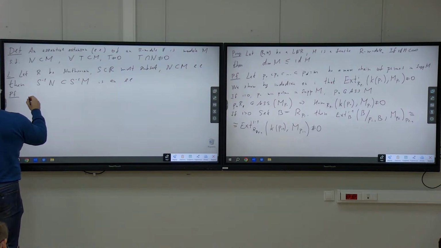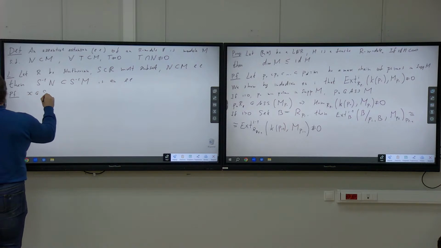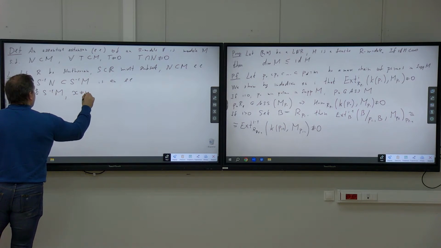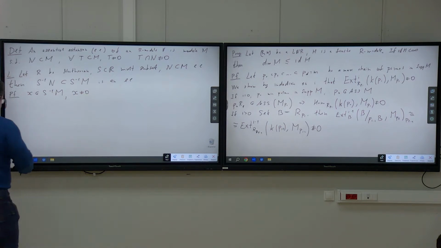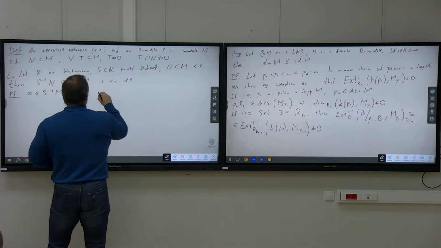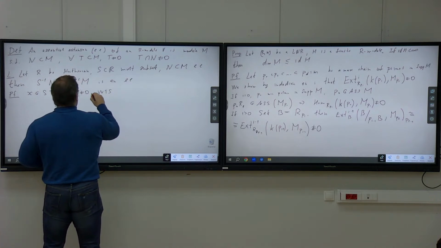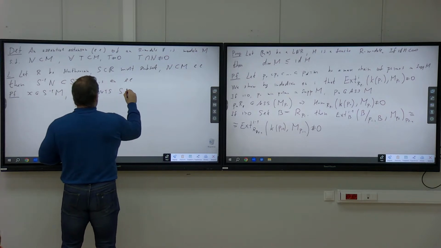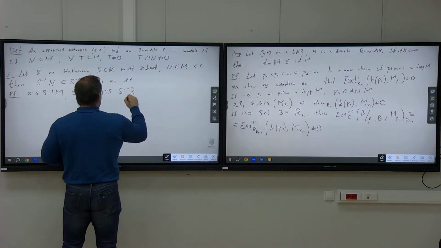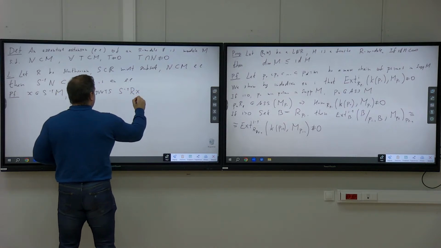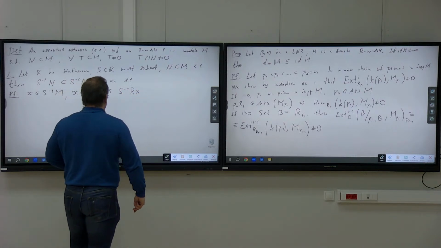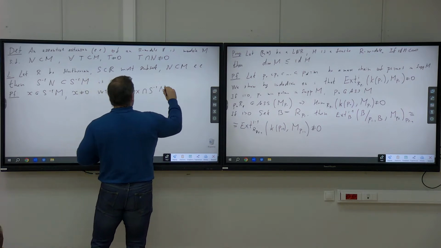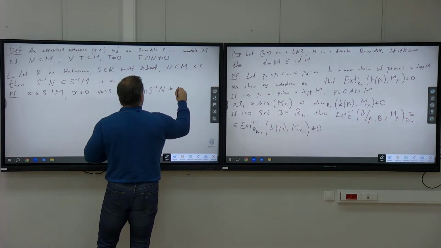So, suppose we have x in the localization of the module M, and of course we assume that x is not 0. So what we want to show, and that will be enough to finish the proof, is to say that the localization of the ring times x, it's just this cyclic module, intersection with the localization of N is not equal to 0.